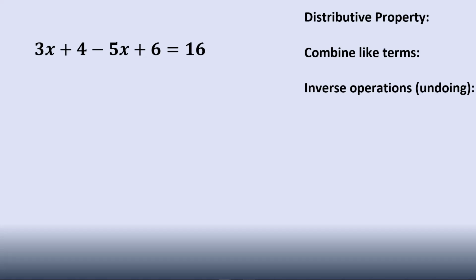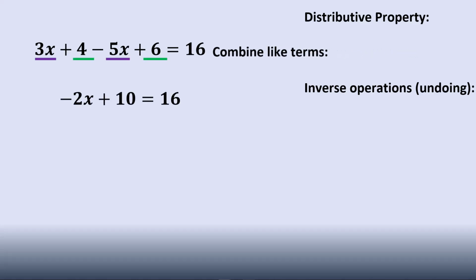We start with the equation 3x plus 4 minus 5x plus 6 equals 16. And we have three techniques over on the right: the distributive property, combining like terms, and using inverse operations. In this situation, there is no pattern for the distributive property, so we won't need to use that one. We do need to combine like terms because 3x and 5x are like, and then 4 and 6 are both constants.